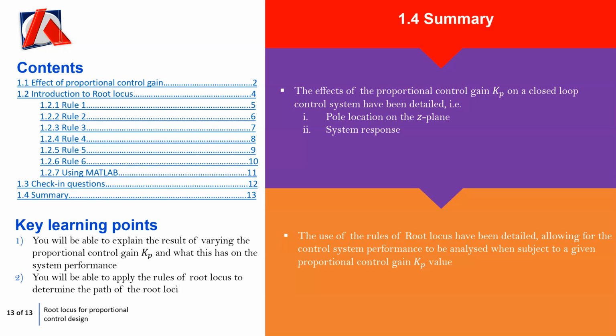It's great doing them by hand, as they give you initial insight into the path of the root loci. However, if you want detail, you're better using a tool such as Matlab. Key learning points: you're now able to explain the results of varying the proportional control gain and its effect on system performance, and you're able to apply the rules of root locus to determine the path of root loci.